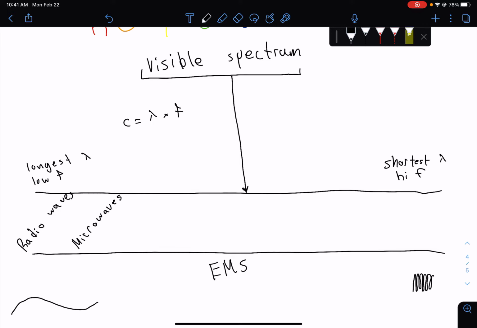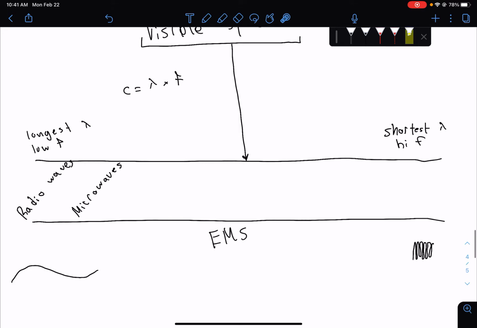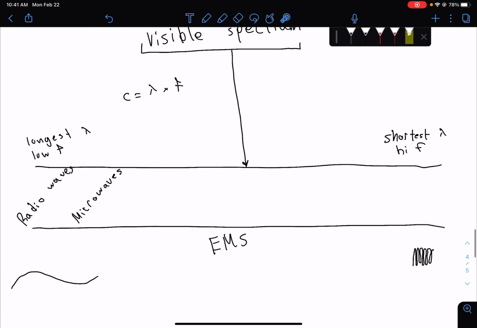Or, hey, cell phones. Our cell phones, 4G, 5G, operate in this particular part of the electromagnetic spectrum, a lower energy level. Then after the microwaves, we have infrared.